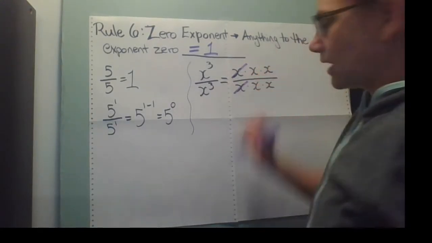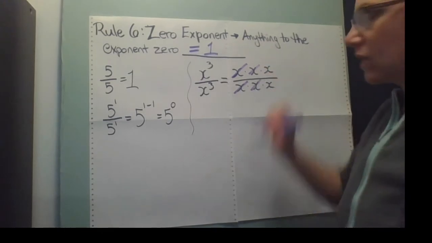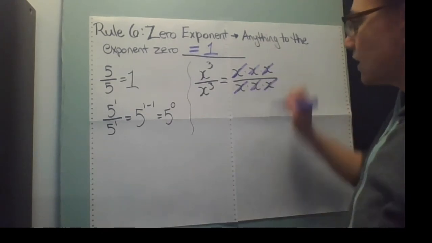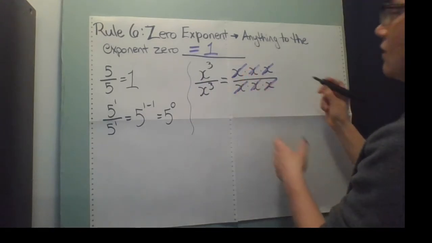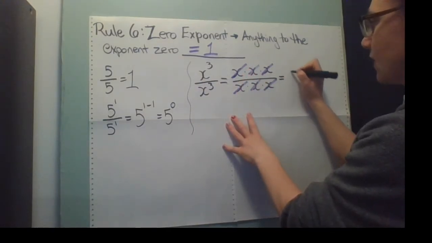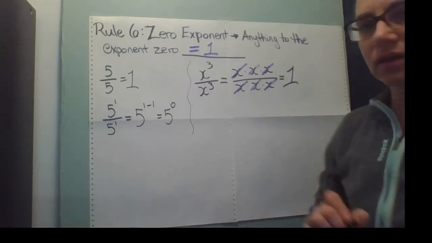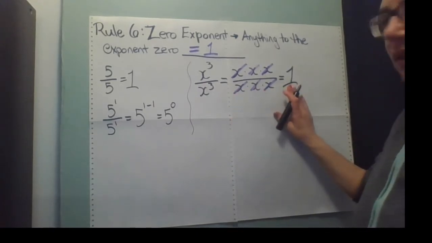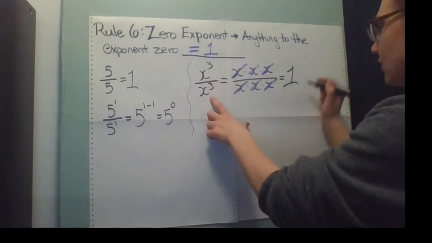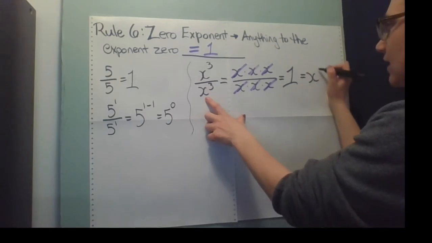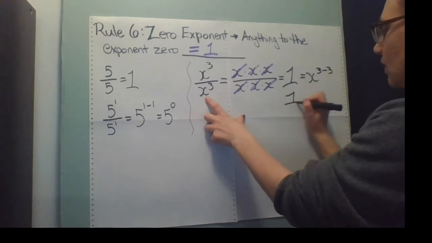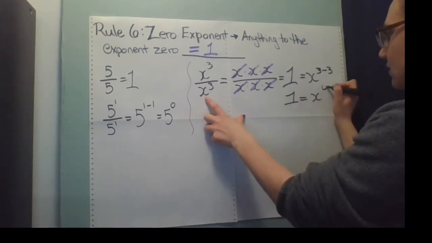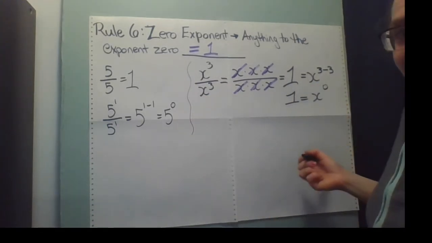Let's cancel each x with an x, and I've got nothing left. Well, you can't have a final answer of anything other than 1. When they all cancel out, it equals 1. And if I followed my rules, x to the 3 minus 3, well, 1 equals x to the 0. And that's it.